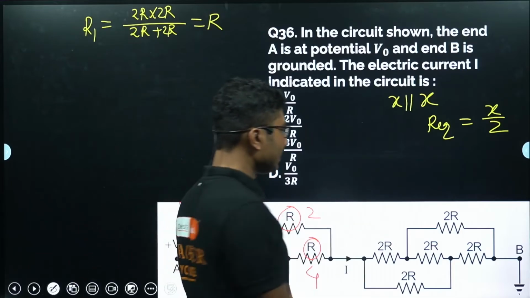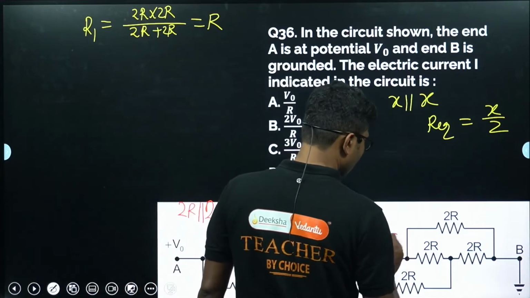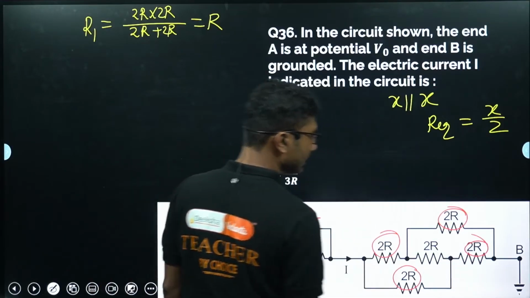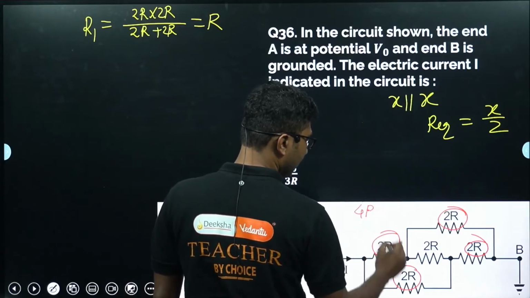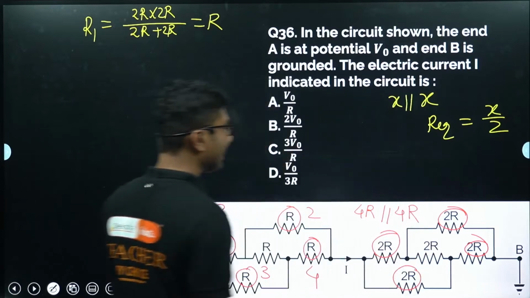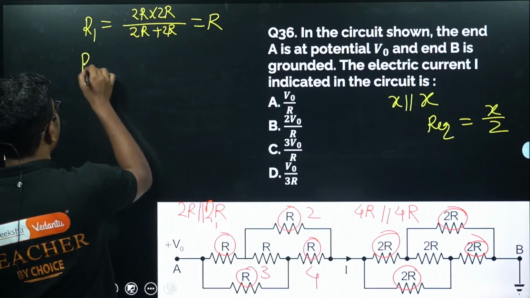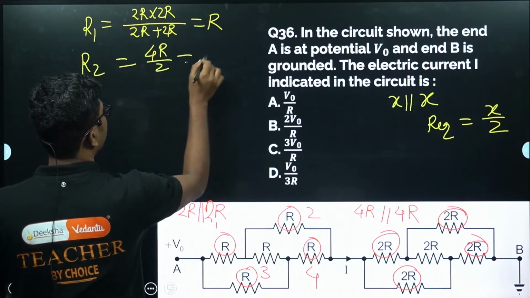Now similarly, in this case, these two and these two are in series, and these two and these two are in series. So what is the total resistance? 4R here, this is also 4R, right. Now what is the equivalent resistance? I already told you the formula. So R2 will be 4R by 2, that is 2R.